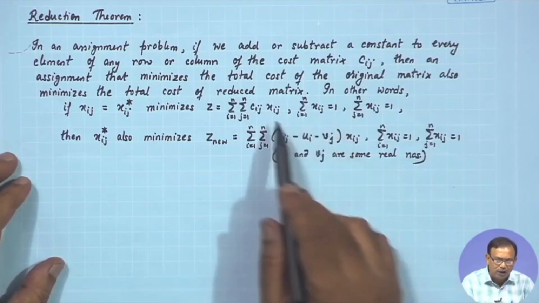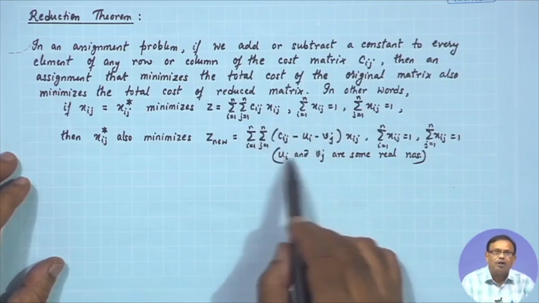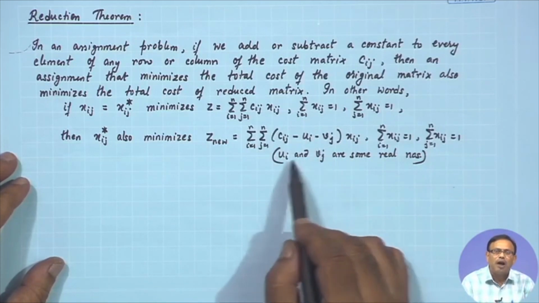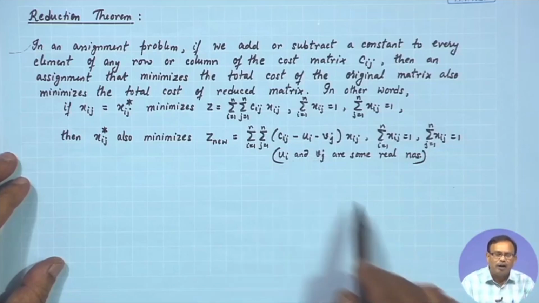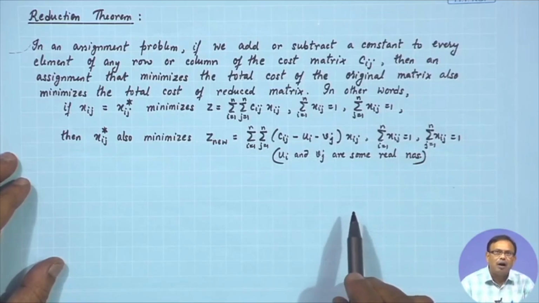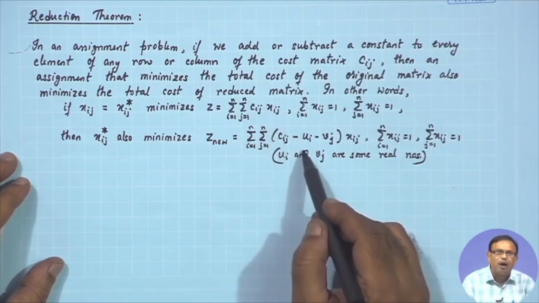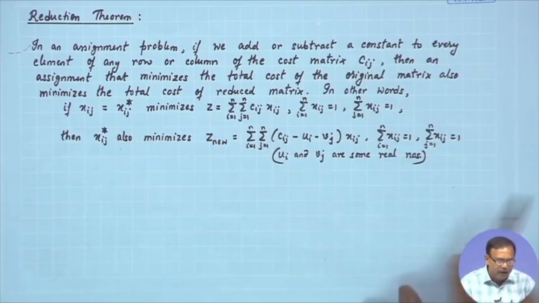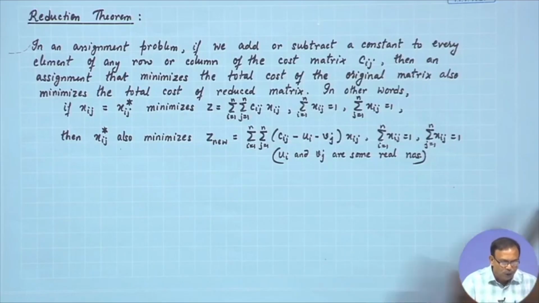In the second problem, the coefficient I have reduced by ui plus Vj, where ui and Vj are real numbers. Then for both the problems, the solution will remain the same, which is xij star. So, please note this.